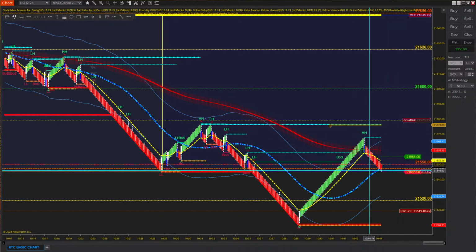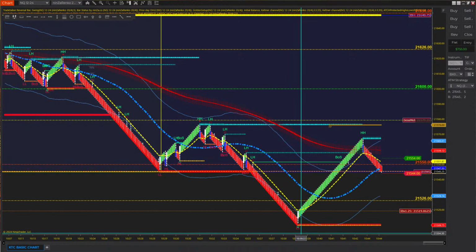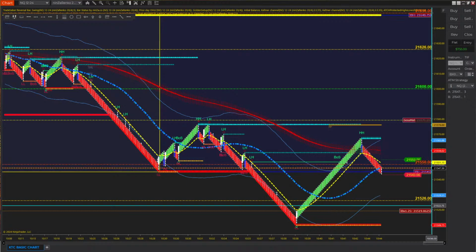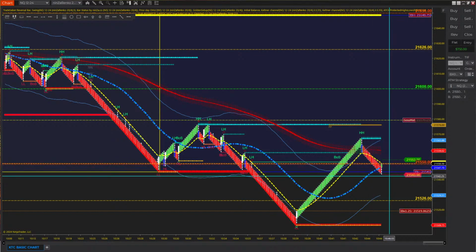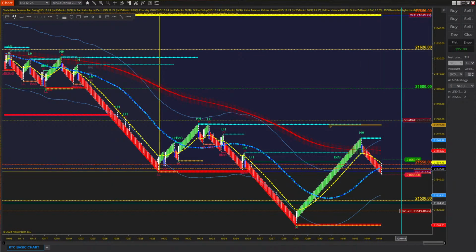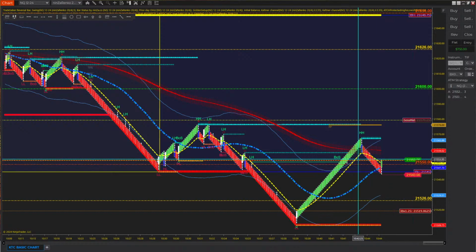Maybe what you're going to be looking for is a reversal to the upside, because now it's going to create a higher low. And you'll probably see a green circle indicating it's a higher low once you get the reversal there.